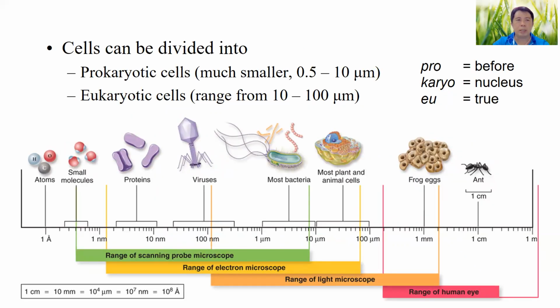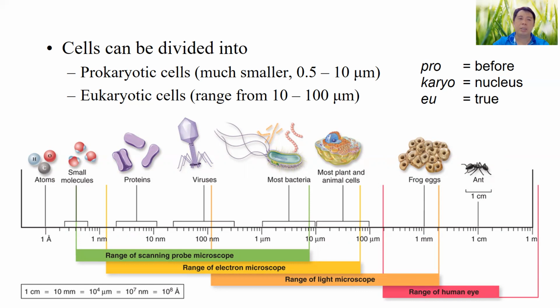So from here, the cells can be divided into prokaryotic cells and eukaryotic cells, in which the prokaryotic cell is much smaller, ranging only from 0.5 to 10 micrometers, whereas the eukaryotic cells range from 10 to 100 micrometers. Pro is before, and karyotic refers to the nucleus, so it means before nucleus.